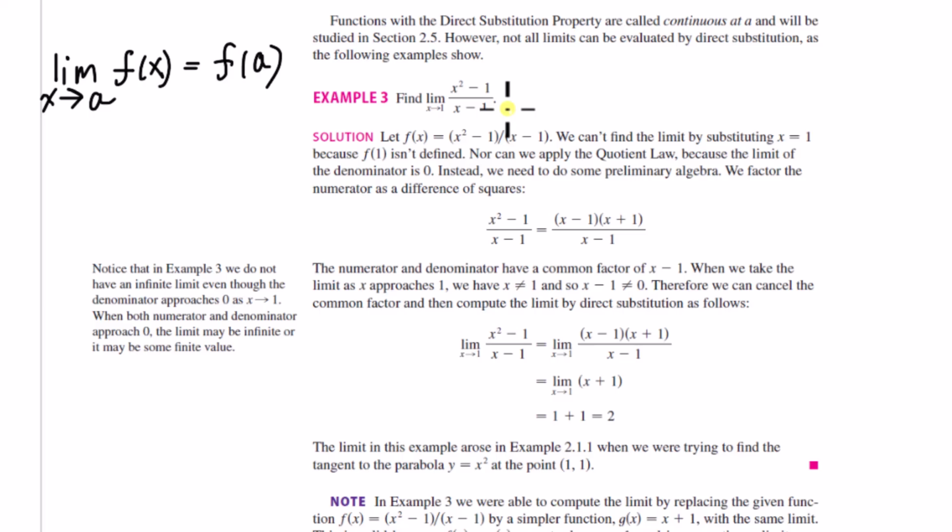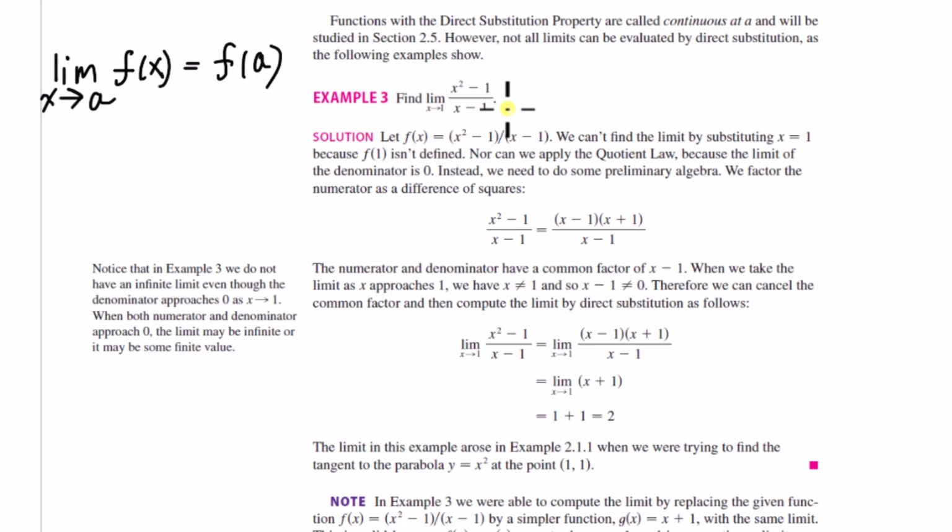Okay, but the only way that this happens is if you have the denominator approaching 0, but you also have to have the numerator at the same time approaching a finite value or values other than 0.